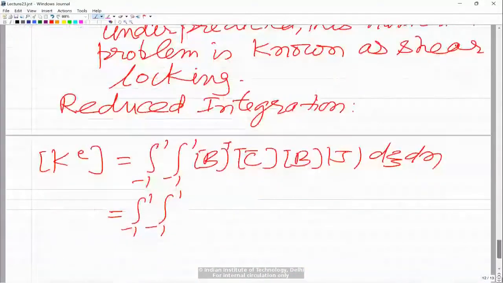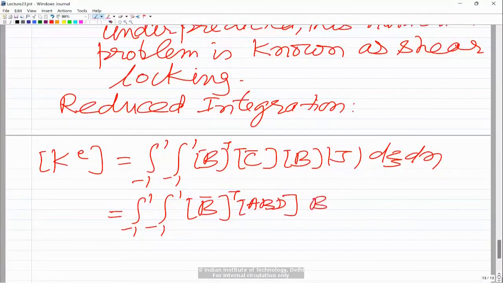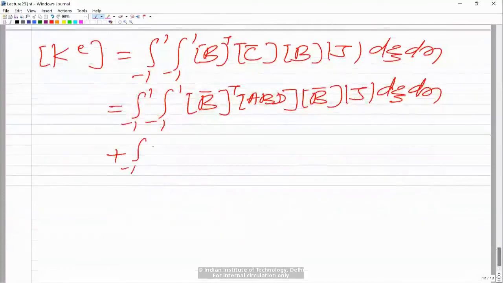The first 6 by 6 we take with B bar, so B bar transpose, then the 6 by 6 matrix out of the 8 by 8 matrix, let me call it ABD, out of this C bar, then B bar, determinant of J, d xi d eta, plus, we split into -1 to +1, -1 to +1, and the remaining last 2 rows of the B matrix I am calling BS.